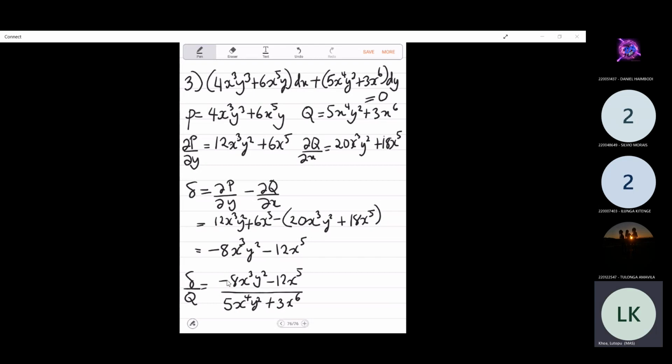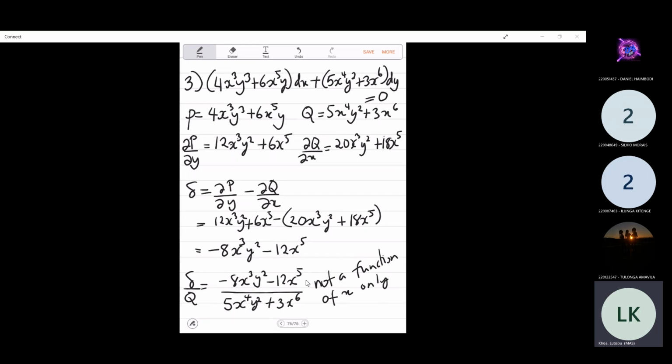Let's see if we take out negative 2 here, then we have 4 and 3, but here we will have 5 and 3, so they won't be able to cancel. So even if we take an x out here in the denominator, the coefficients of the terms will not cancel or will not be the same. So this is not a function of x only.